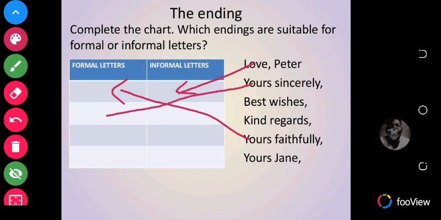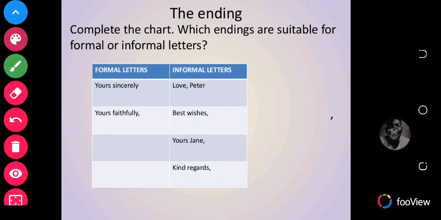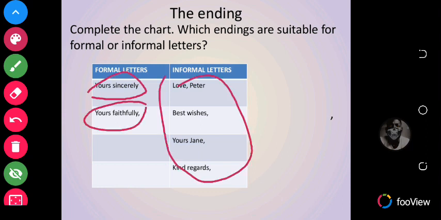Yours sincerely would be a formal letter. Okay, so these are examples. Now let's look at it. So you realize yours sincerely formal, yours faithfully formal, and the rest are all informal endings of a letter.